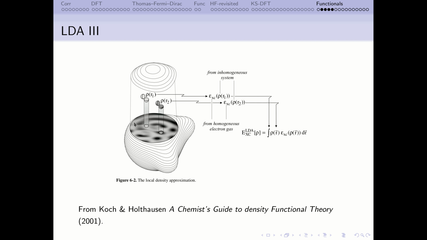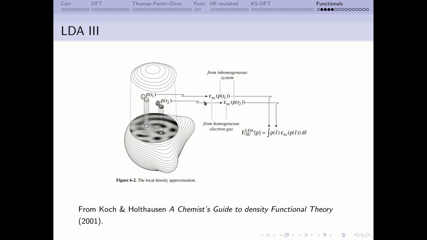But if you look at a little volume of it, rho r1, this little volume over here, it is approximately homogeneous, and it has a density rho r1. You look a little bit away, and you get another density rho r2. It's approximately homogeneous in here, but it has a different density.